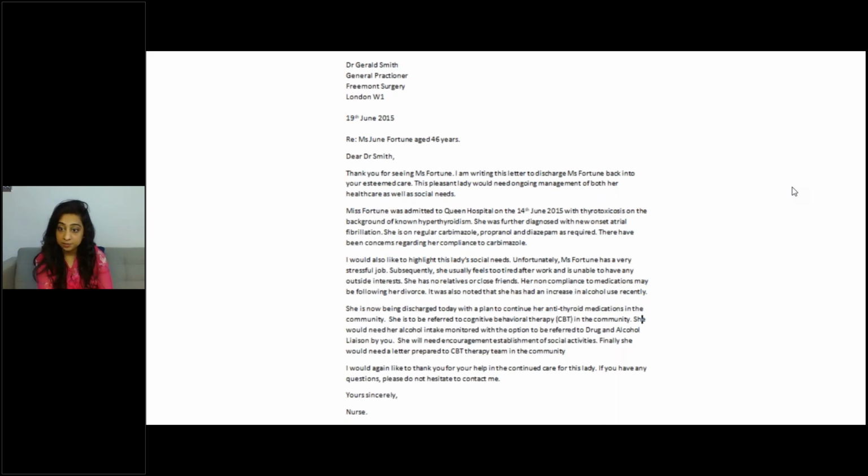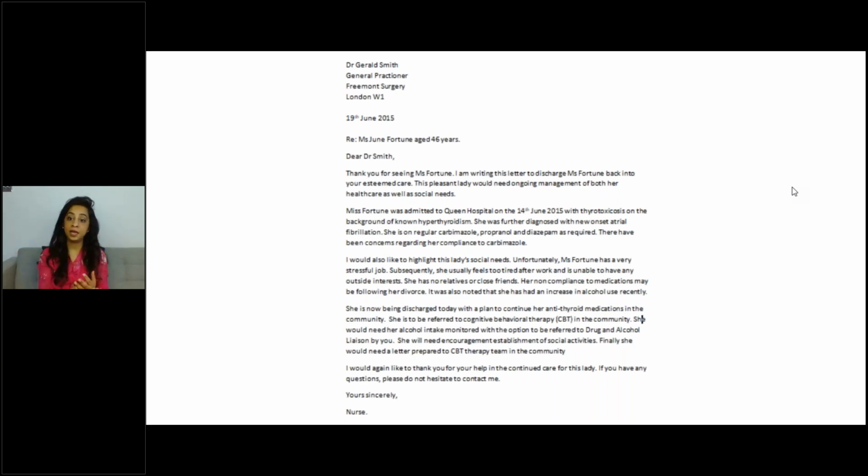Anita has asked, how many paragraphs can we write in total, including introduction? Anita, it actually depends on how comfortable you are in organizing your letter. In this case, I use 3 middle paragraphs. You do need a clear introduction paragraph, a body, and a concluding paragraph, but your middle paragraphs can be split depending upon your content.